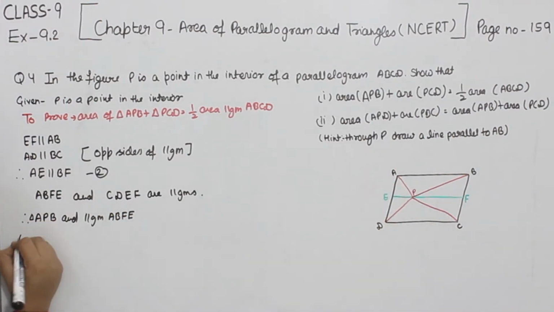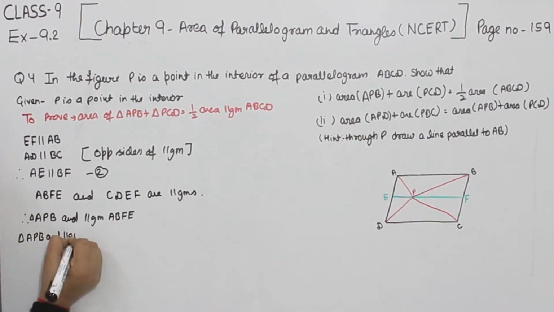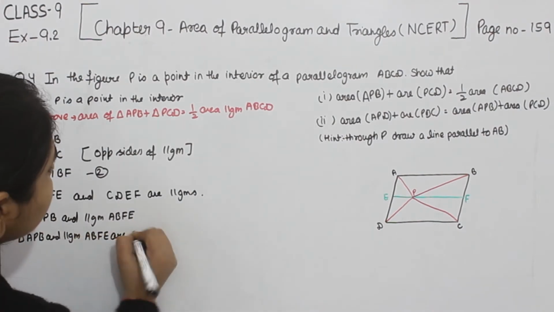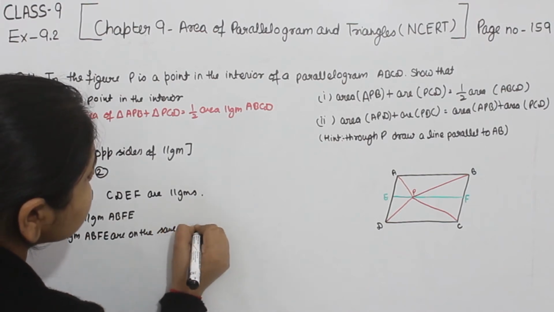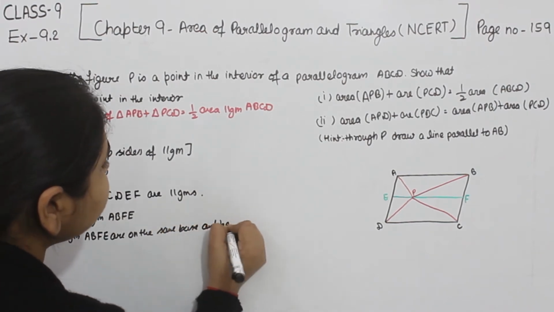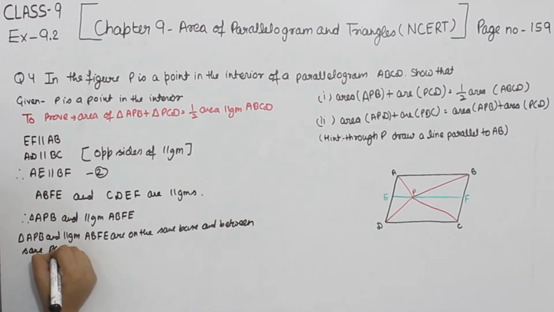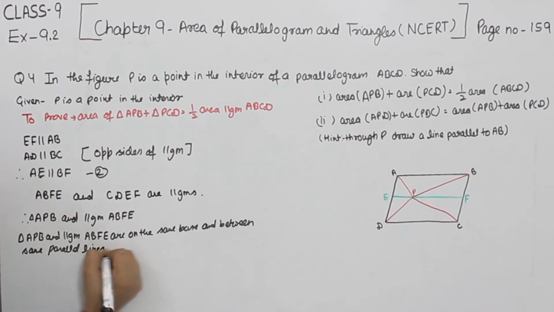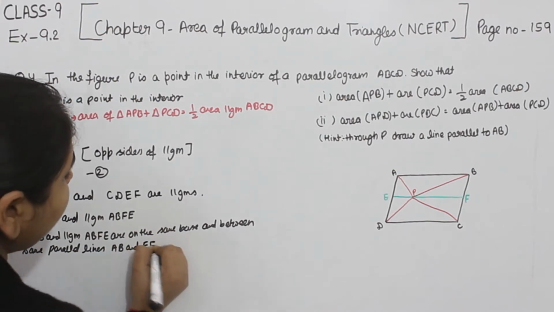So triangle APB and parallelogram ABFE are on the same base and between the same parallel lines AB and EF.